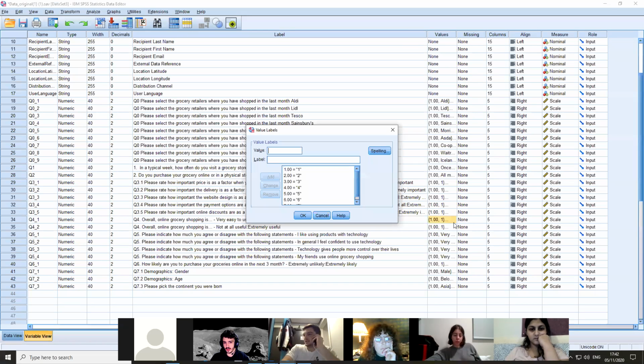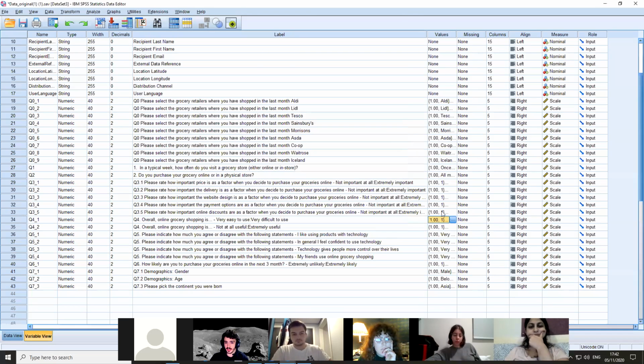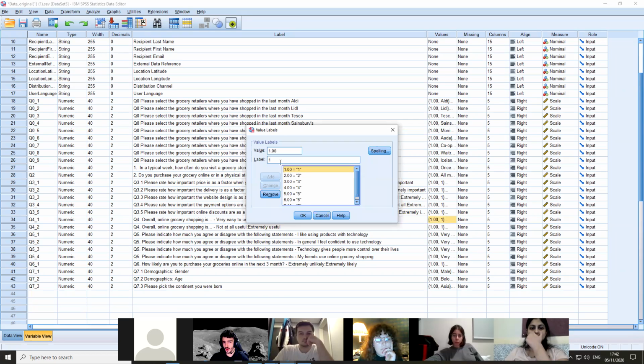But if you look over here, all you have is 1, 2, 3, 4, 5, and 1 equals 1. What Martin did is, let's go with 4 because it's quite simple. That's the answer, it's very easy to use or very difficult to use. You click these 3 dots, you go into 1, and instead of 1 as a label, you write very easy to use.